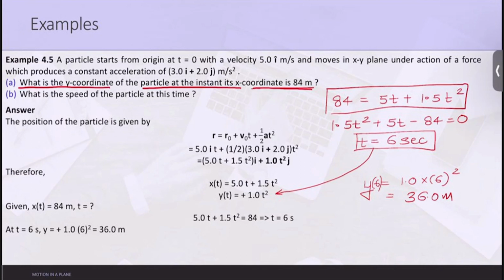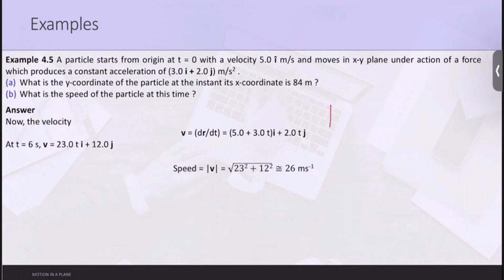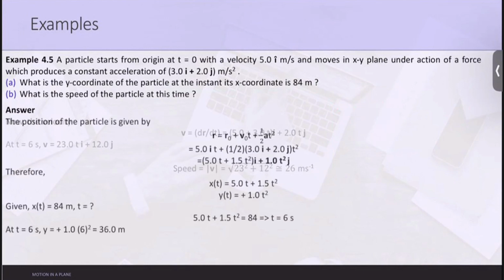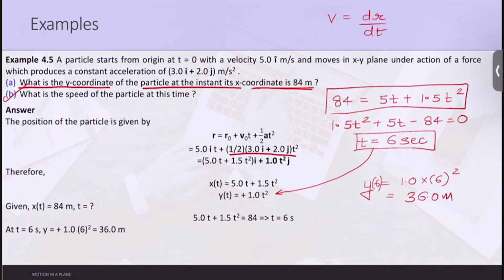About the second part, what is the speed of the particle at this time? To find the speed, what will we do? We know velocity is nothing but equal to dr by dt. In the previous step we have just calculated the value of r.